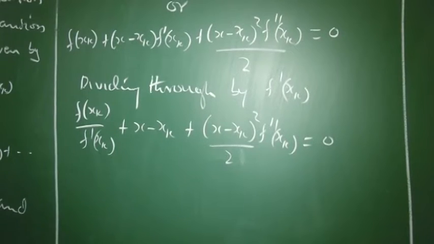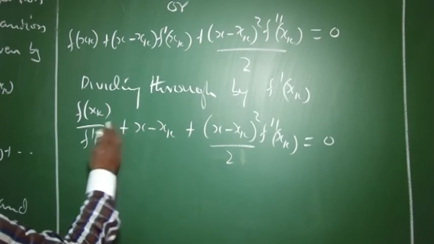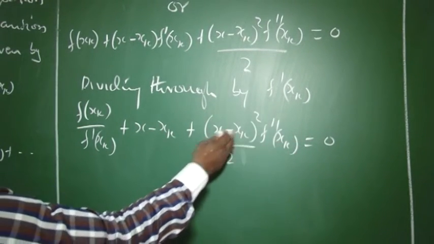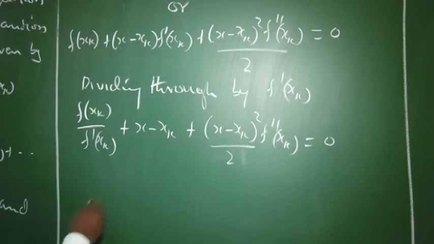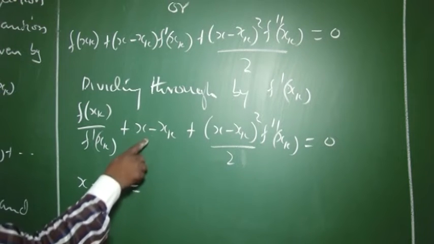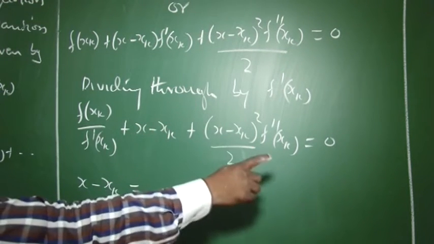Okay, I'm going to transfer this to this way and also transfer this. If I do that, I will have x minus xk, which is this term, and then this goes that way.